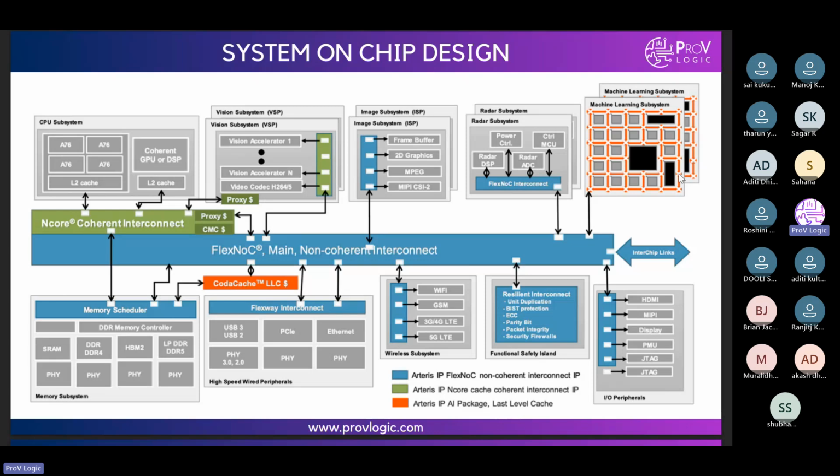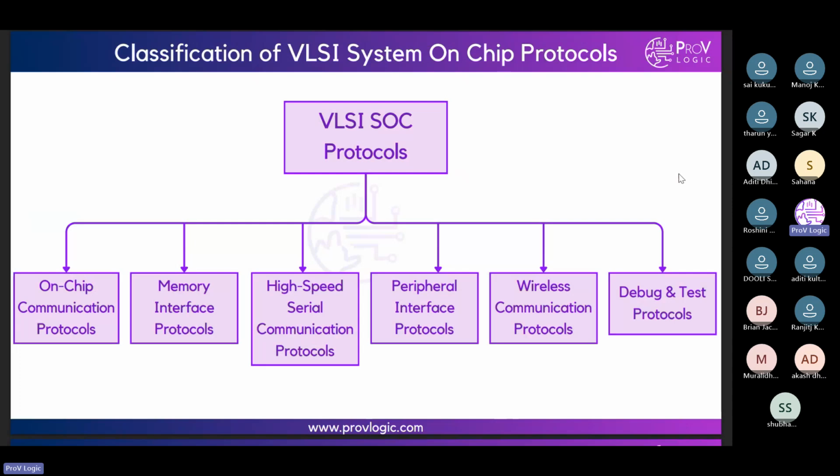So altogether we have divided them into a number of protocols, because each protocol has its own specification. Every protocol doesn't have the common specification. Some protocols have more features and are more advanced, and some have fewer features, like old versions. That's why we have divided them into various kinds. So we'll discuss all the protocols now.